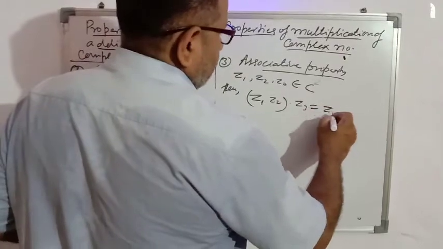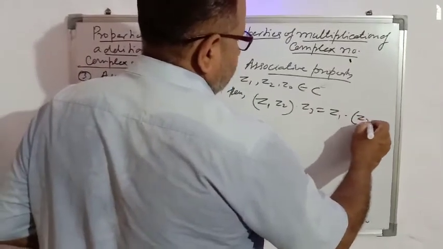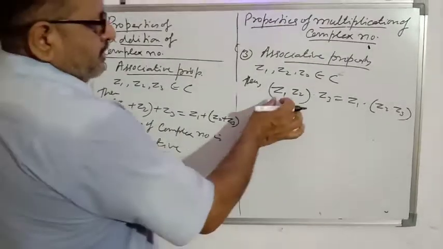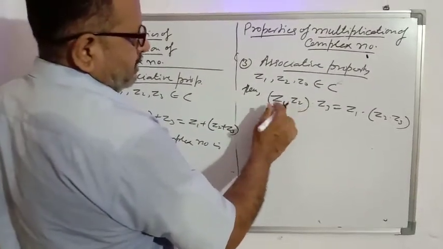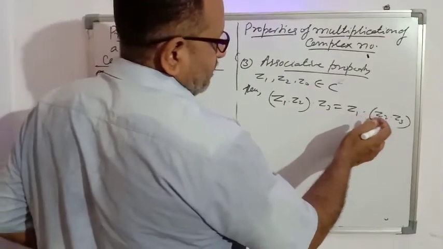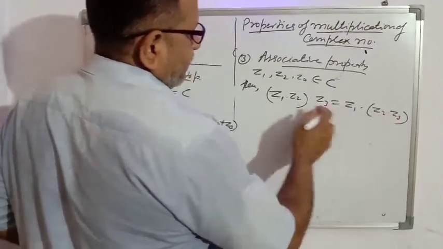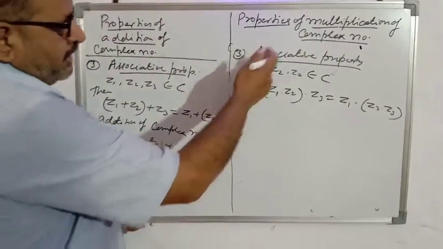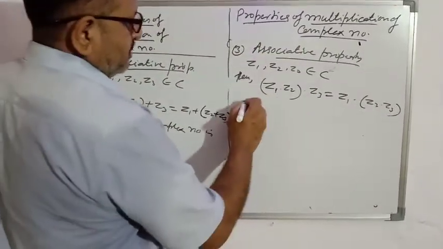Or take Z1 outside and multiply Z2 into Z3 first. So firstly we are multiplying Z1 and Z2, then Z3. Next step, Z1 multiplied by Z2 into Z3. Both sides will give the same result. So multiplication of complex numbers is associative.